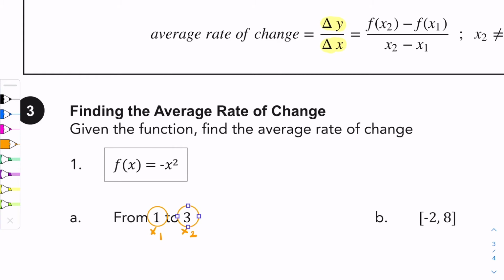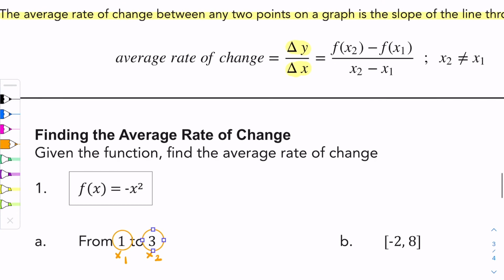So just as a reference, you're going to evaluate the function for the second x value, then evaluate the function for the first x value. Subtract your answer from the first one you found. You're going to divide this by the x value of the second point minus the x value of the first point.